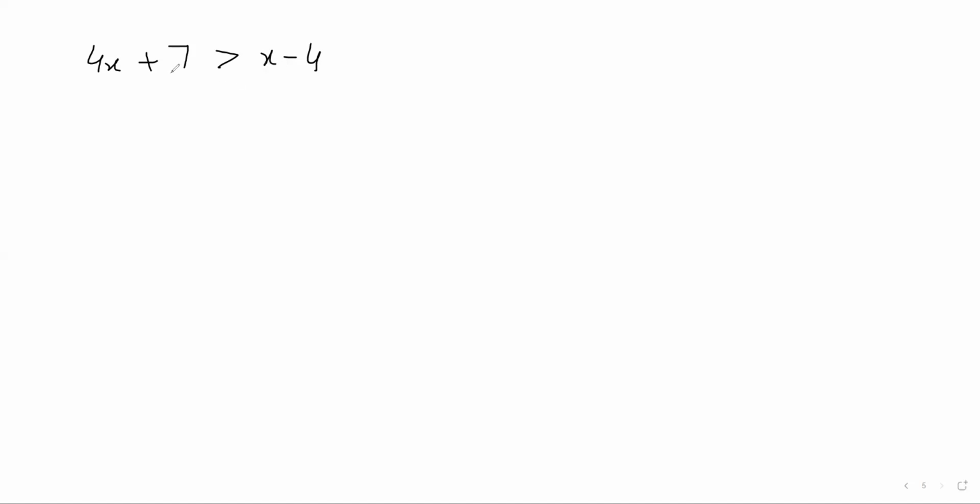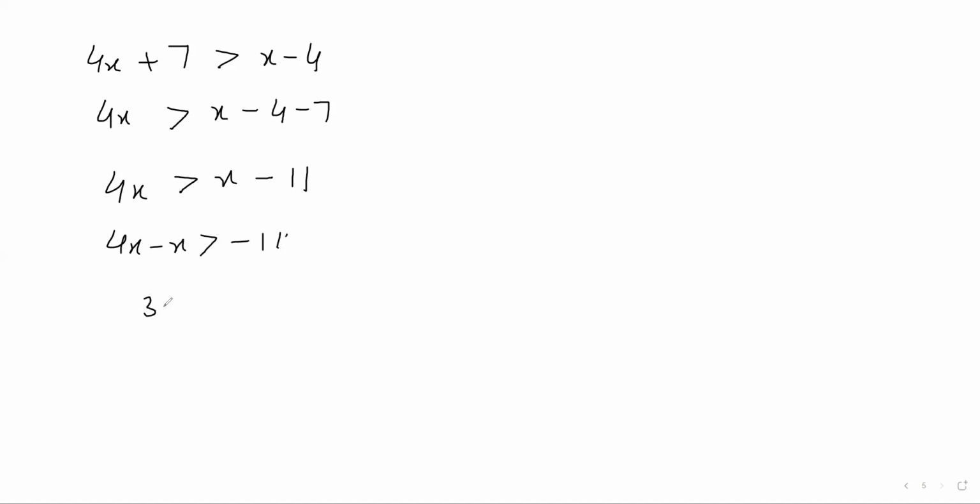If we take 7 to the other side, it would be 4x minus x is greater than minus 11, which is going to be 3x is greater than minus 11. So teacher, x is greater than minus 11 over 3. So this would be the answer. We cannot simplify it anymore.